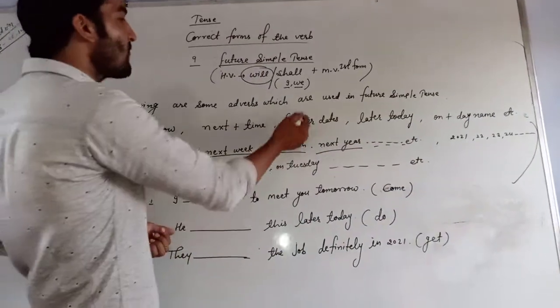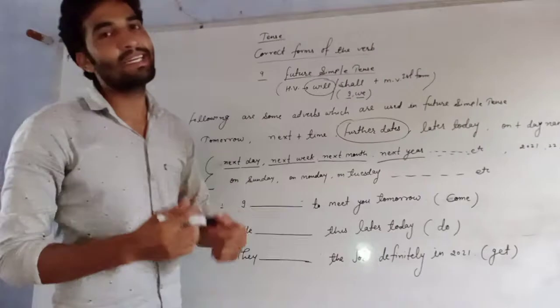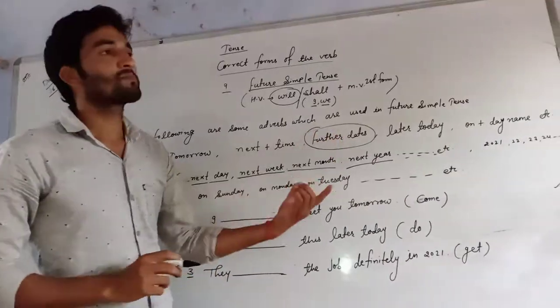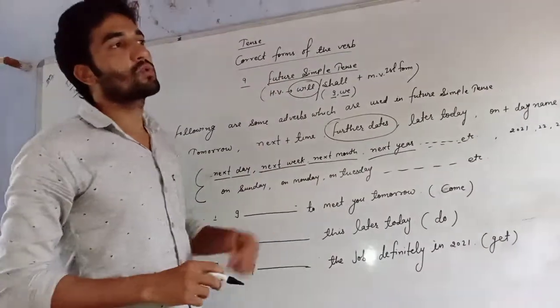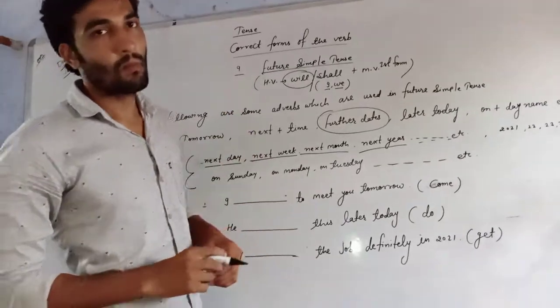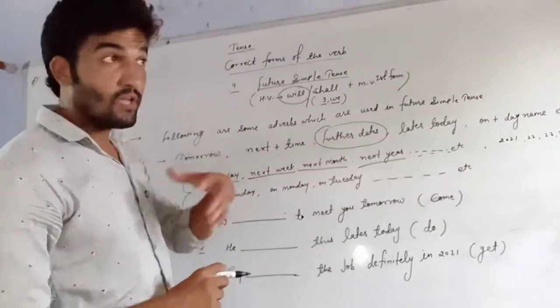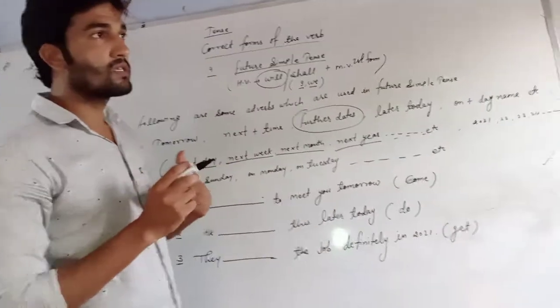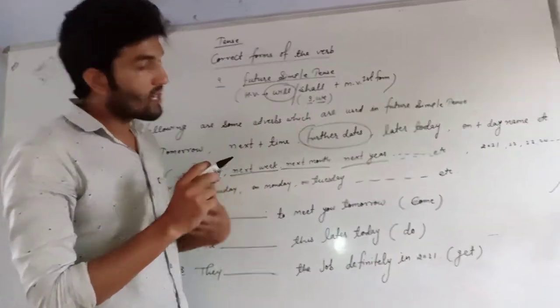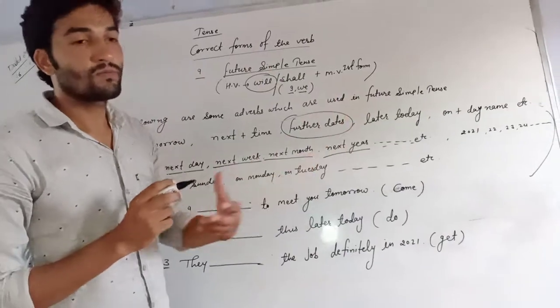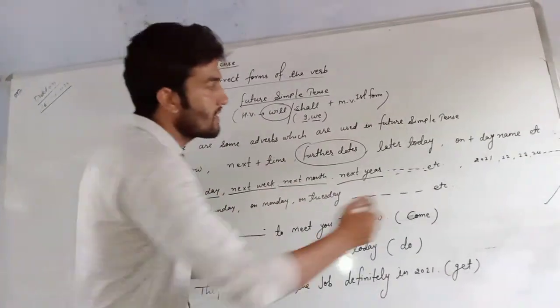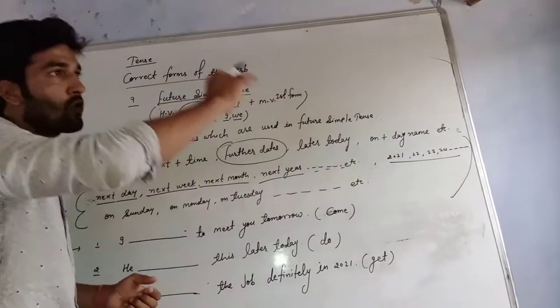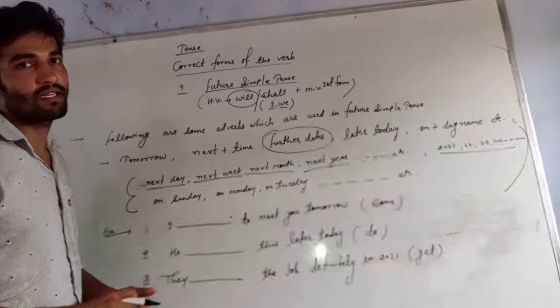And what is the meaning of further dates? Further date means, beta, we are living in 2020. It is running 2020. If we talk about 2021, 22, 23, like this, it is called further dates.